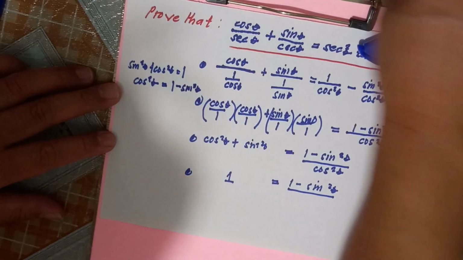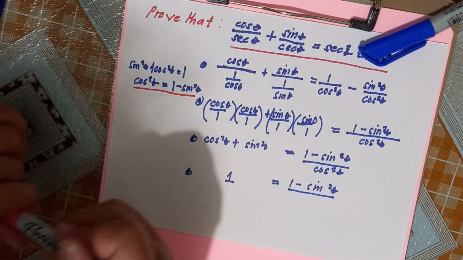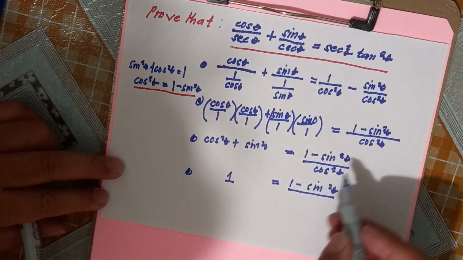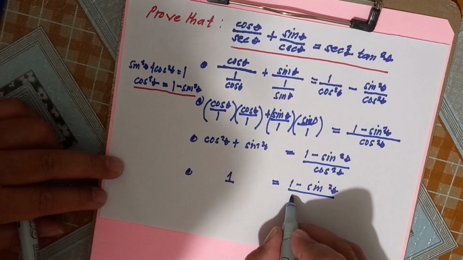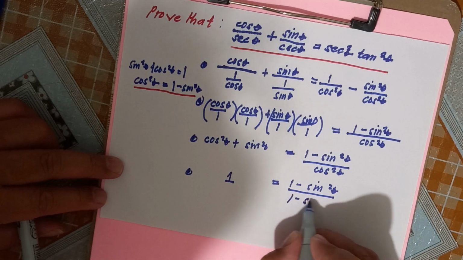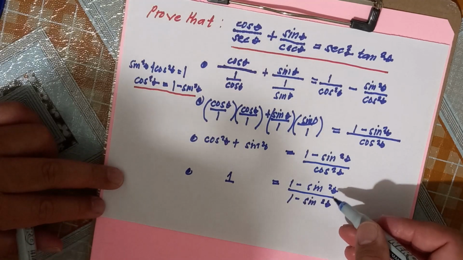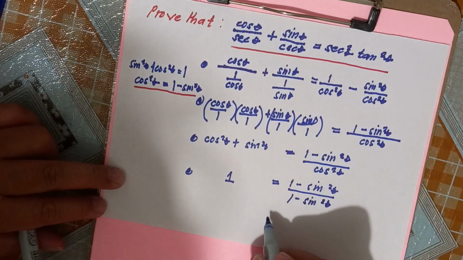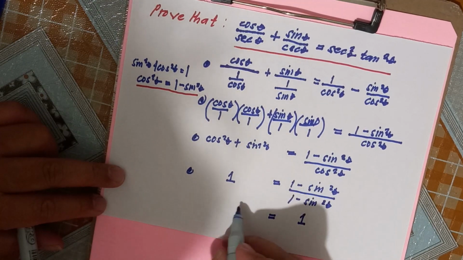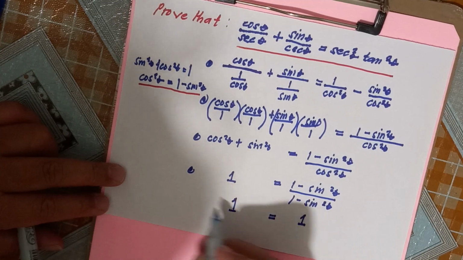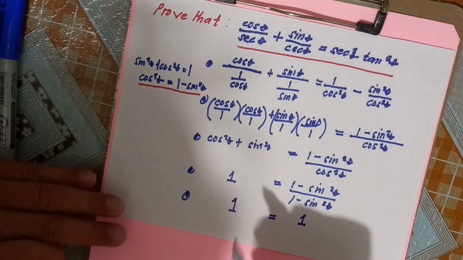And so by substitution, we replace cosine squared theta with 1 minus sine squared theta. With that, you notice that they are but the same. When we divide them, it will give you a result of 1, which is the same as the 1 in here. So that would be the proof of the problem.